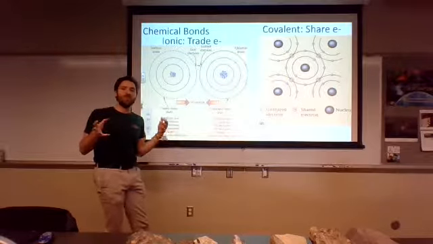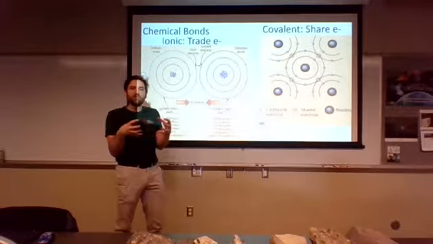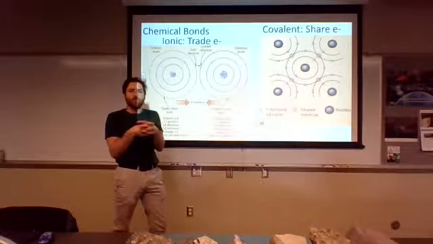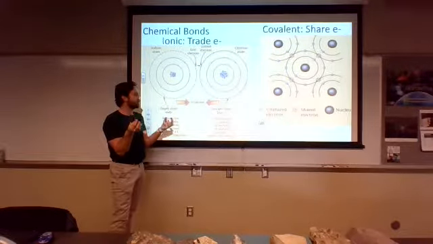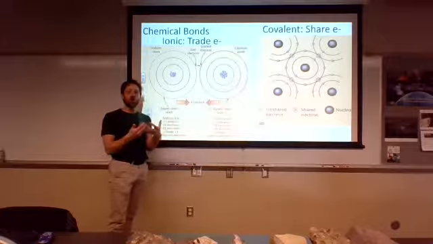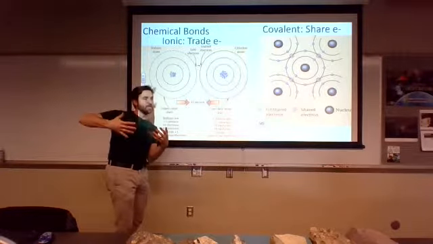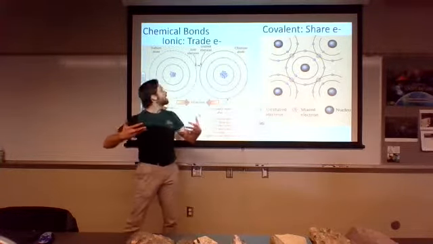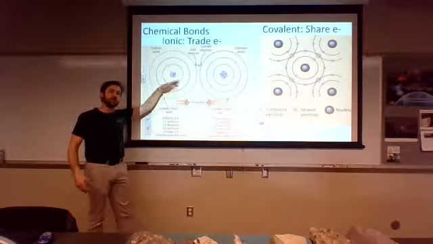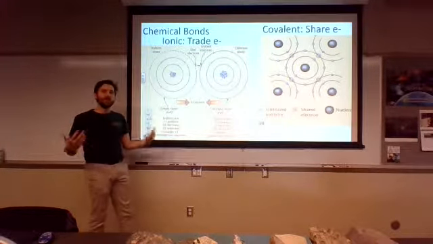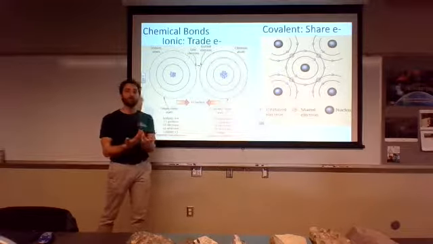Everything, because of entropy, wants to be neutralized or be relatively stable. And the way for these two particles to be electrically stable is to bond with one another. One has too many electrons, one has too few. So hey, how about we trade that electron? Trade it back and forth, and that's what's called an ionic bond.